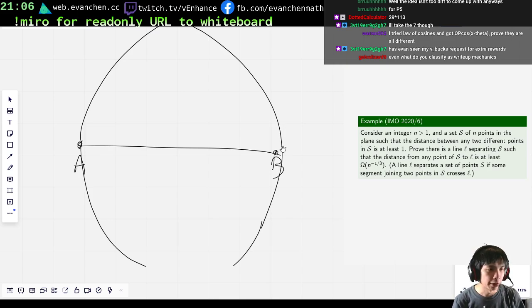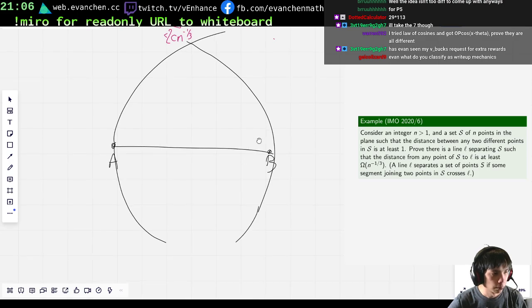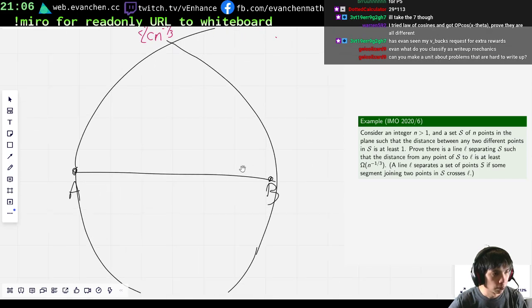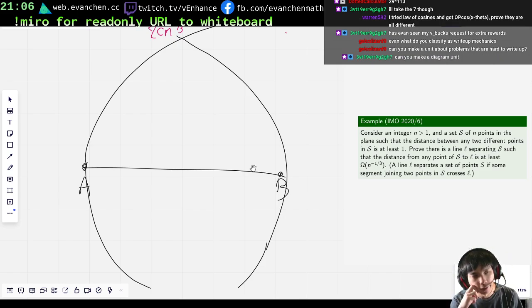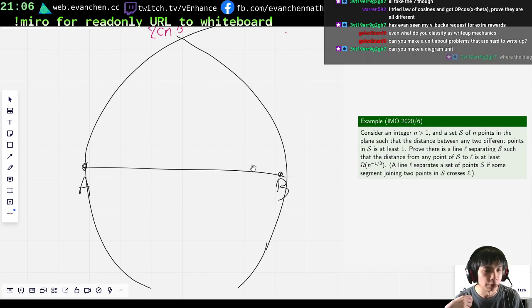What do I classify as write-up mechanics? Things that don't help you find the main idea of the problem. Can I make a unit of problems that are hard to write up? I'm reluctant to. In Olympiad culture, very often people use "hard to write up" as a euphemism for hard to work out the details.